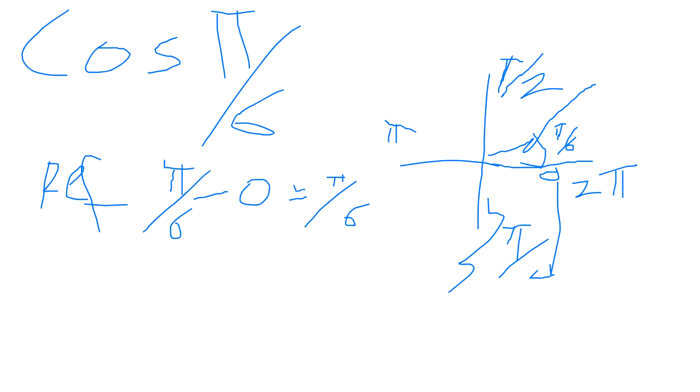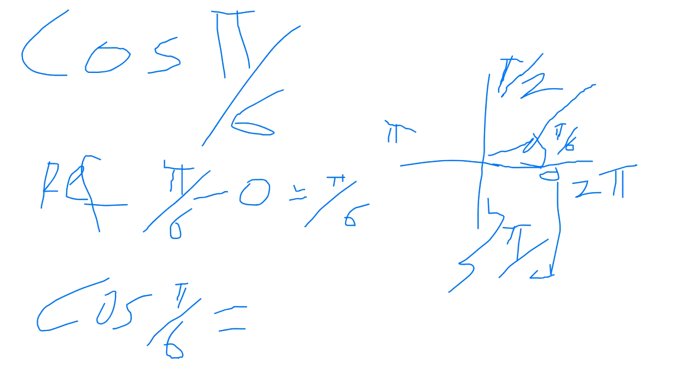So straight away we know that the reference angle is pi over 6. So that means cos pi over 6 is the same as cos 30. If you want to punch cos pi over 6 using your calculator, you must change your calculator from degrees to radians.